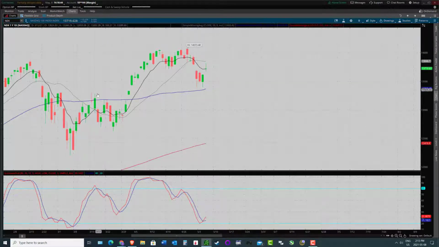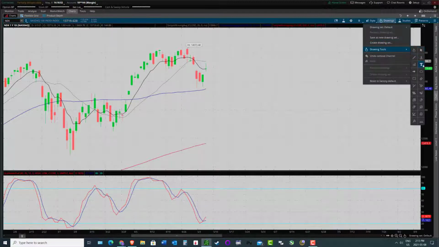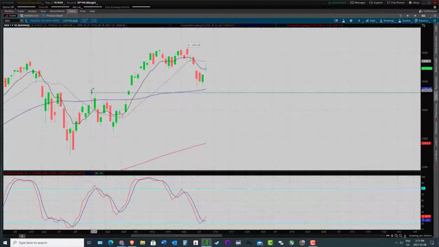Now, this still works as a 1, 2, 3, ABC expanded flat 4, and you can see we did not overlap. This would be our overlap level here on the NDX, and we also have this 50-day moving average right there to catch. So I like this as a 1, 2, 3, 4, and we're beginning our 5 up to finish the sequence from March on the Nasdaq 100.